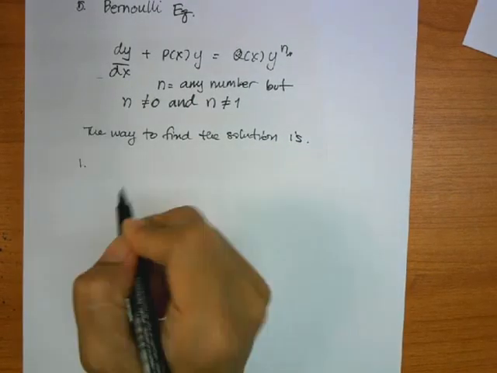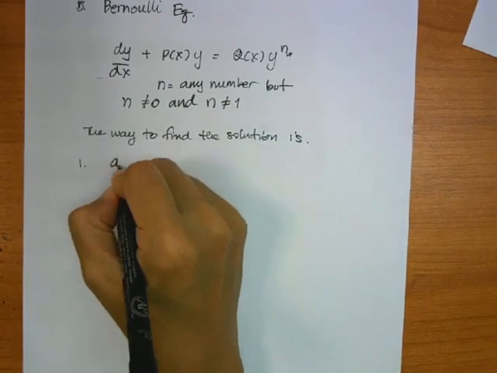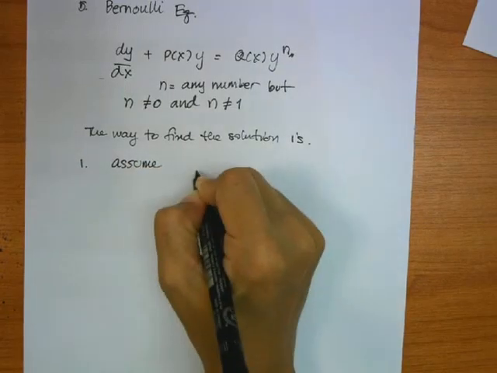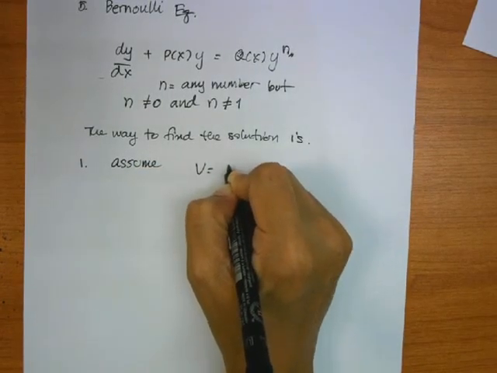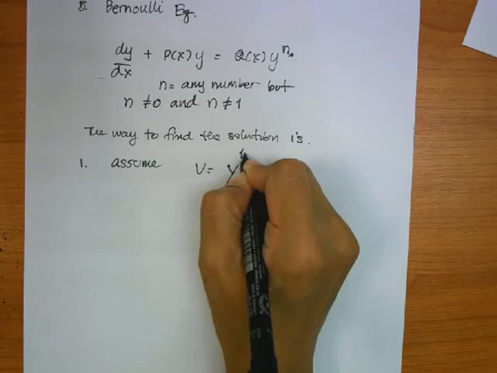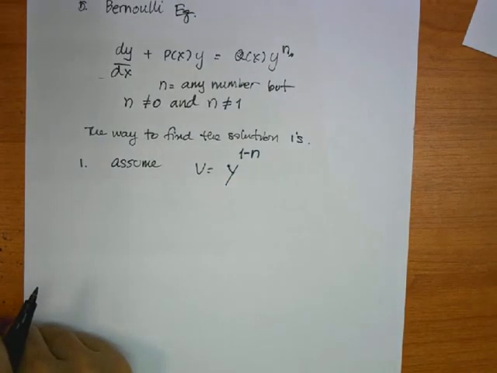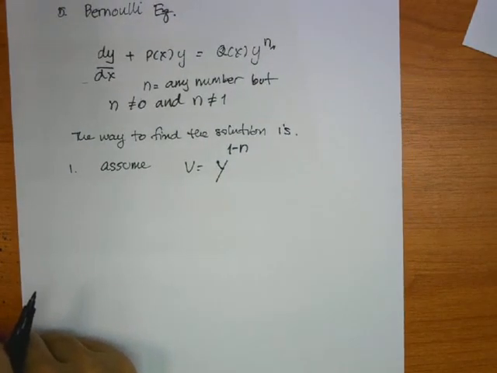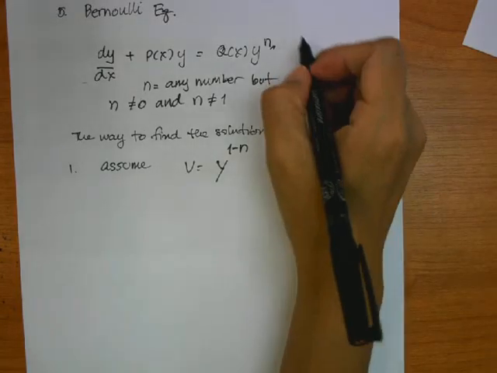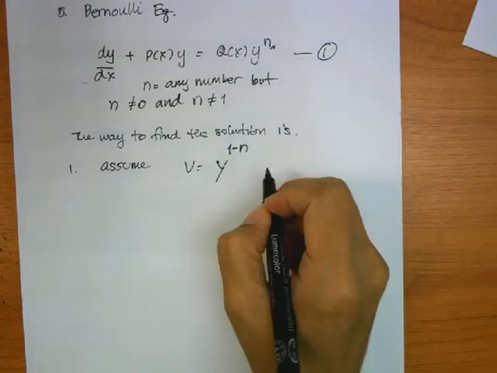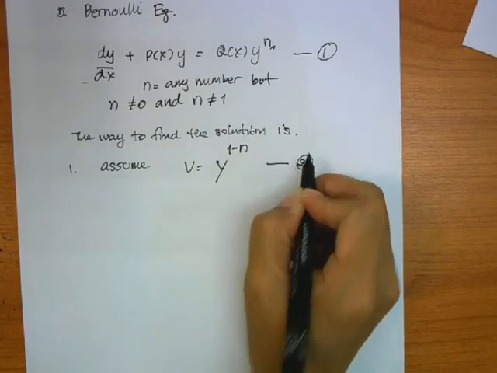First, you've got to assume v is equal to y to the power of 1 minus n. Let me put this one as equation 1, and let me put this one as equation 2.